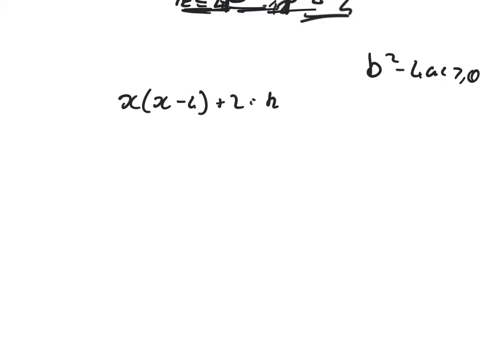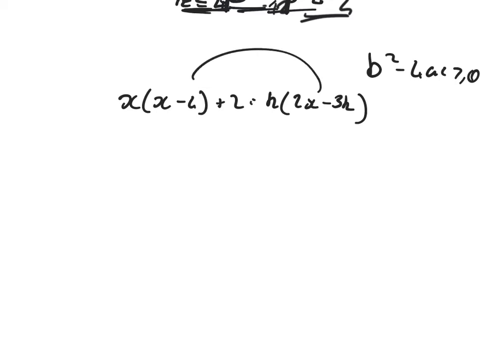Okay, next one. Find the value of k again for which the equation has got real roots. So again, the condition for real roots is the discriminant greater than or equal to 0. So we've got x(x minus 4) plus 2 is equal to k(2x minus 3k), so it's just going to be a bit awkward now.